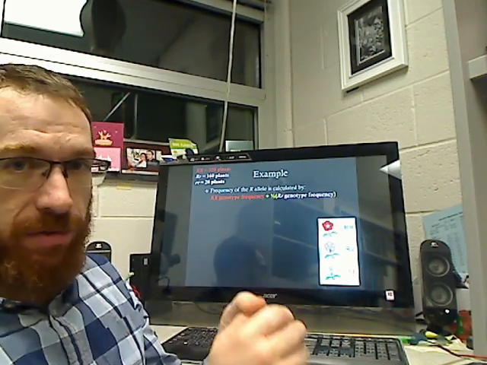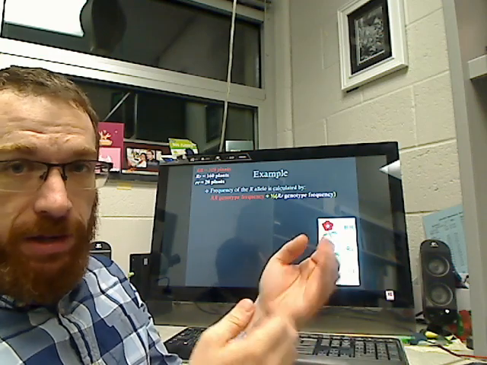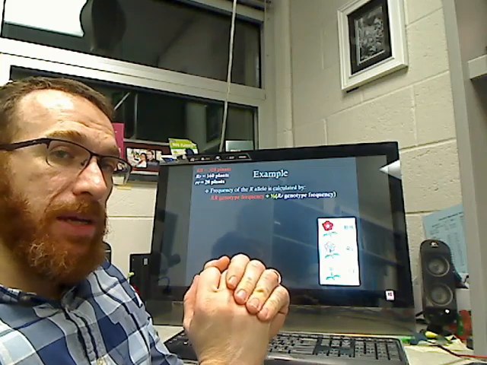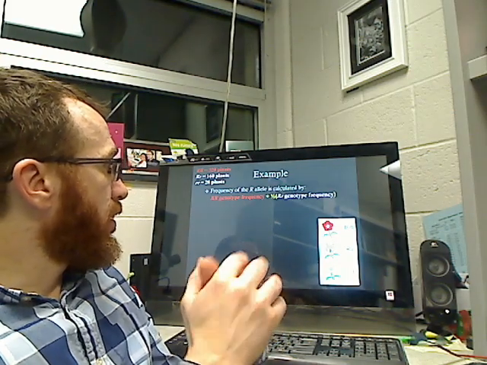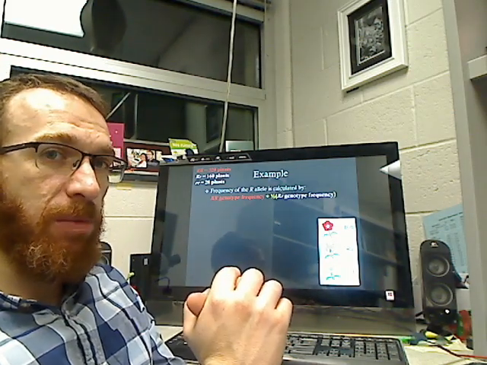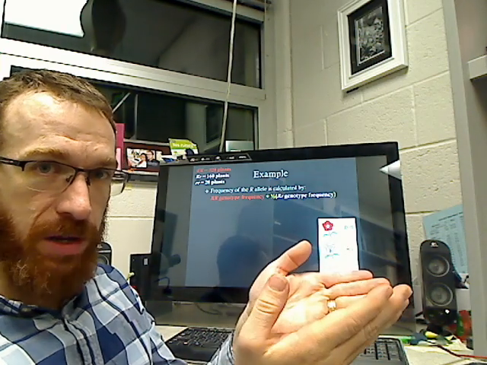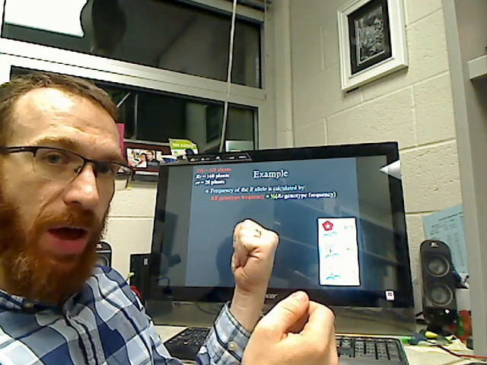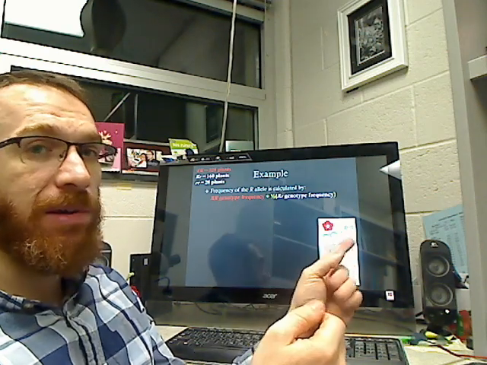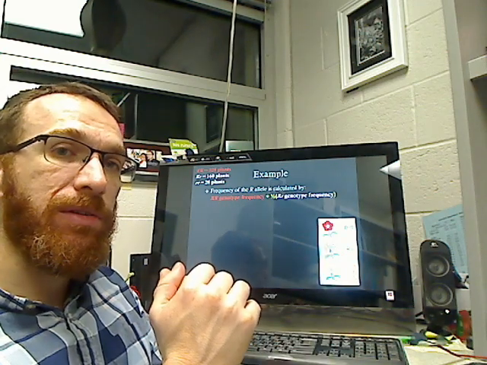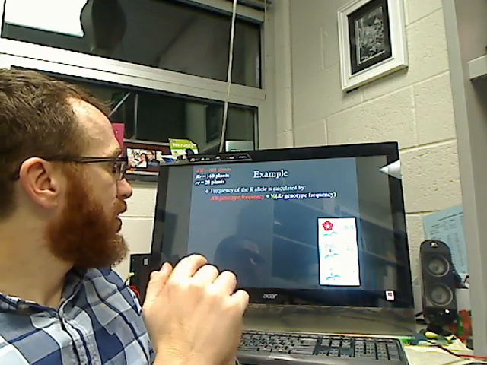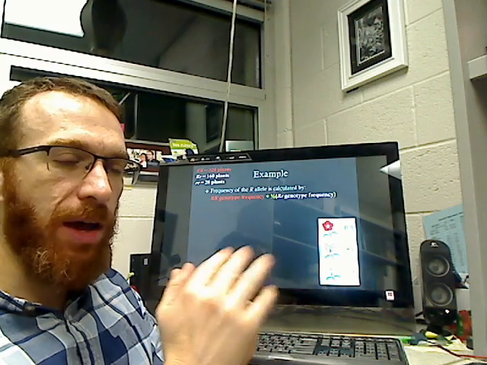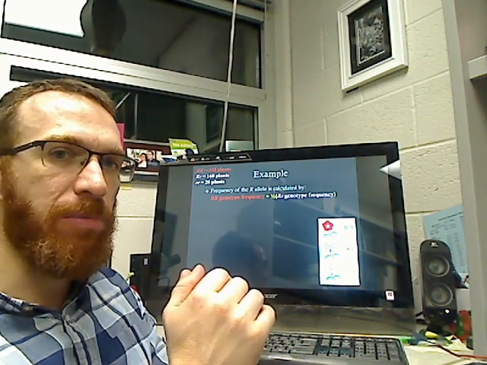Here's the equation for figuring out allele frequency by using those genotype frequencies. The frequency of the big R allele: you take the genotype frequency of big R big R, so 320 divided by 500, and you add that to half of the heterozygote frequency, so half times 160 over 500, and that will give you the allele frequency for big R.